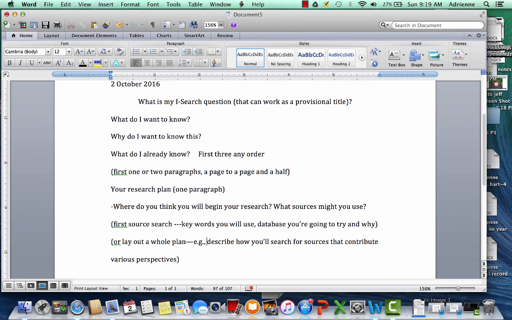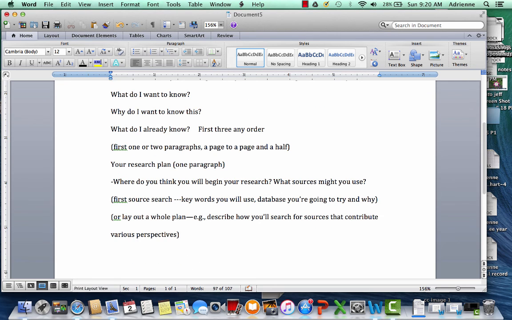So your research plan won't be just, I'm going to look for 3 sources using the library database, but it will be trying to think ahead about how you're going to move through the Isearch process. Writing this will allow me to give you some feedback on that, and then this paragraph can also remain in your draft if you think that it's useful.